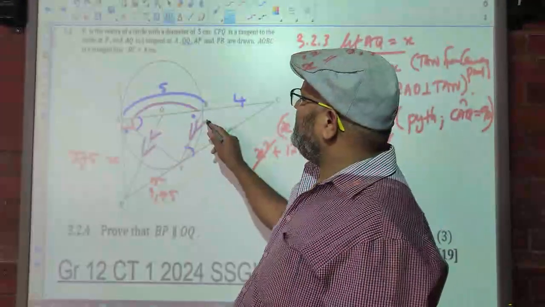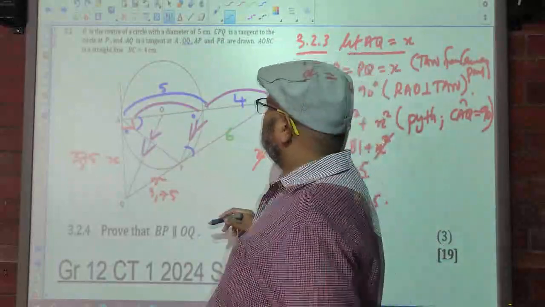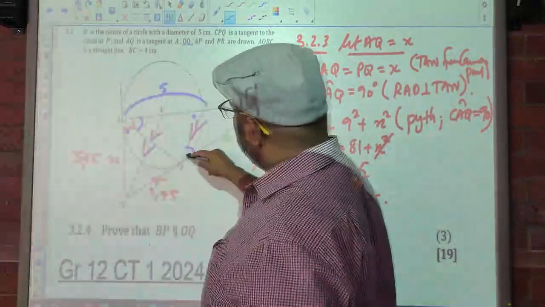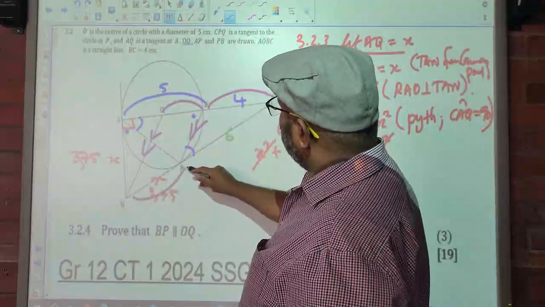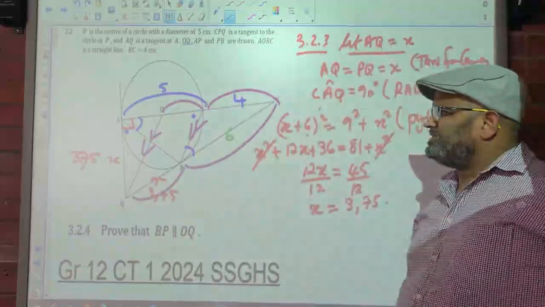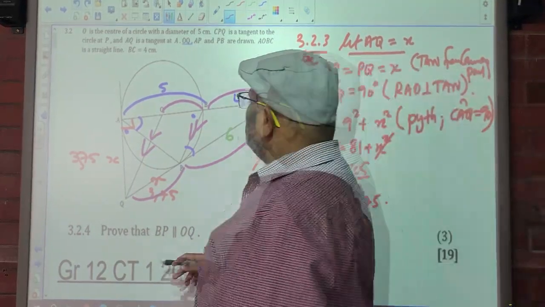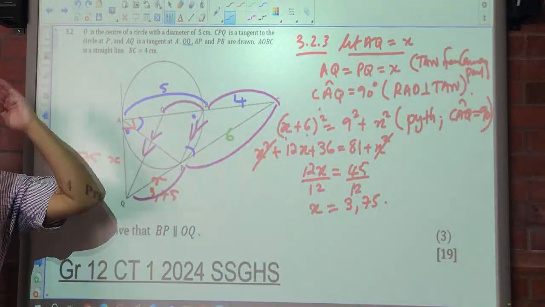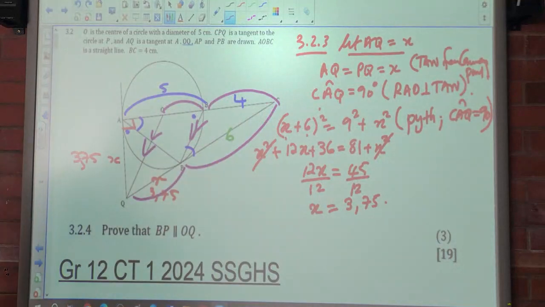That AB over BC is equal to PQ over PC. Why? Proportionality theorem. Not so? Now, in order for us to prove that these lines are parallel, I prove that the proportionality theorem works. It exists there. So it can be applied.